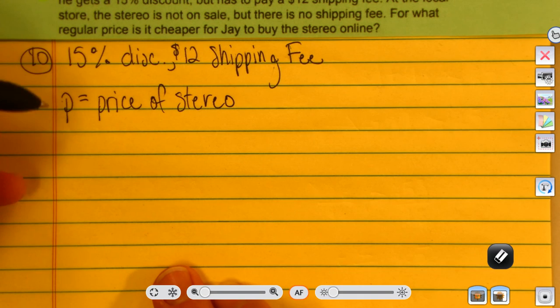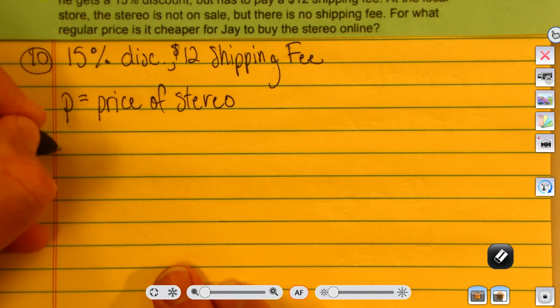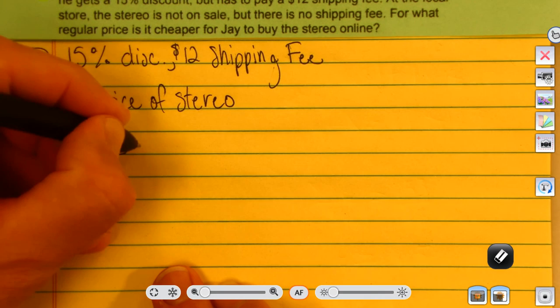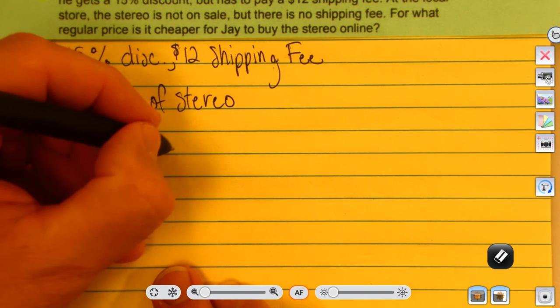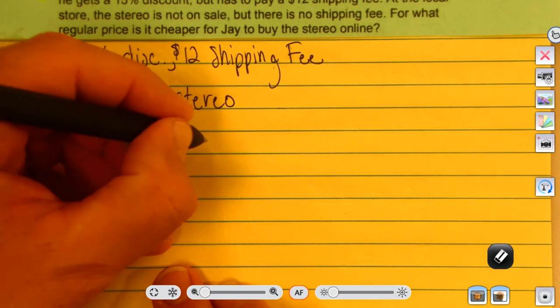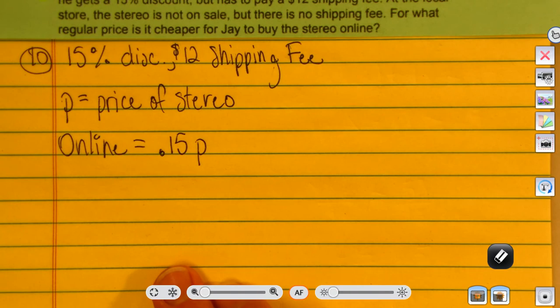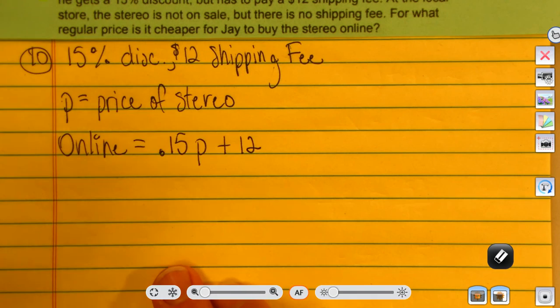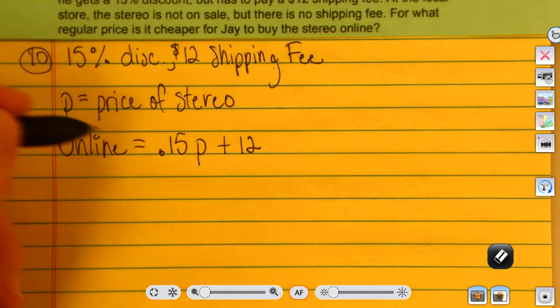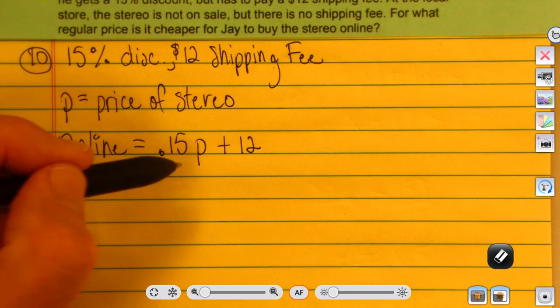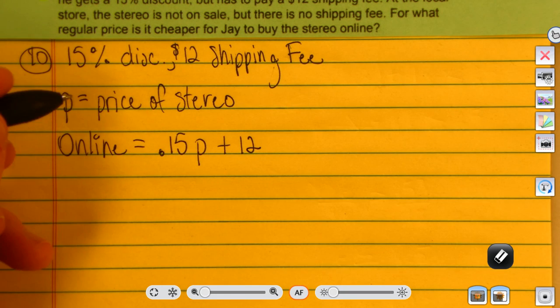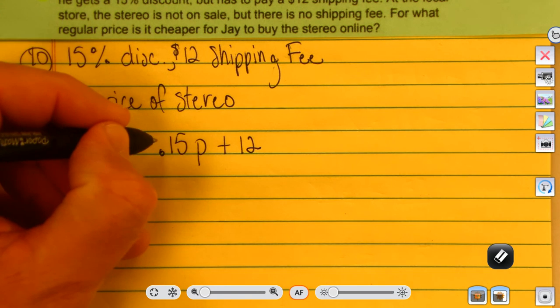Now, if P is the price of the stereo, the cost of it online is going to be 0.15 P plus 12. Now, let me explain to you how I'm getting this, okay? It's 0.15 P, that's the discounted rate, okay? And we're actually going to subtract that from the cost.